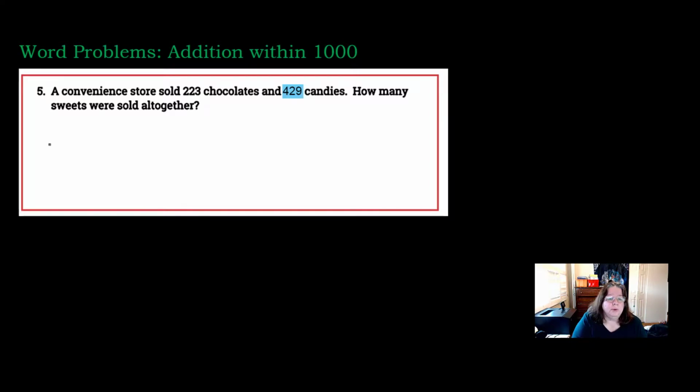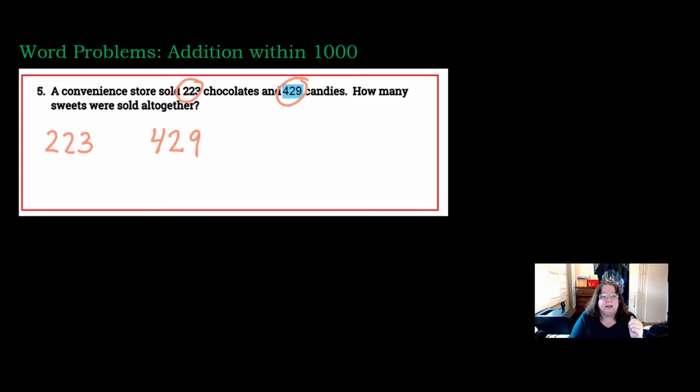So we know that 223 chocolates were sold, and we know that 429 candies were sold. The question is, how many sweets were sold altogether? So if I sold this many chocolates, this many candies, how much altogether?